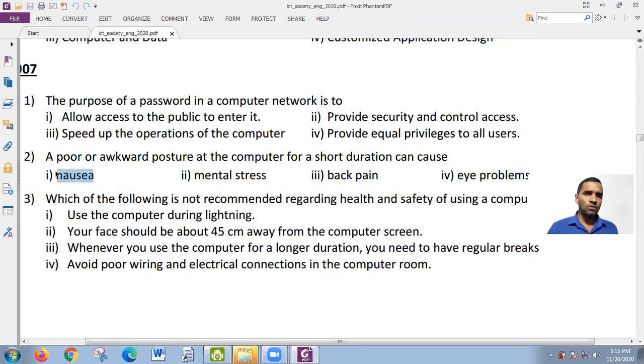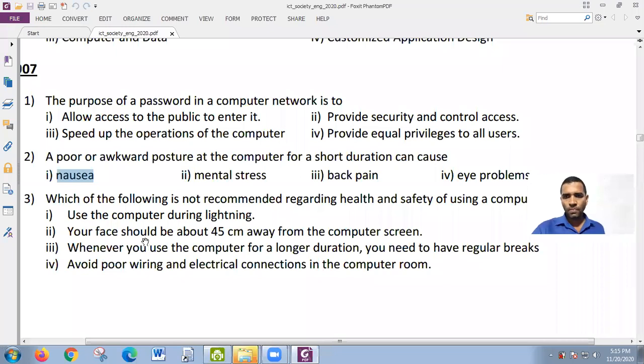Even for 5 minutes, or half an hour, or 1 hour, you can. So this is the answer: the vomiting feeling, that is the answer.